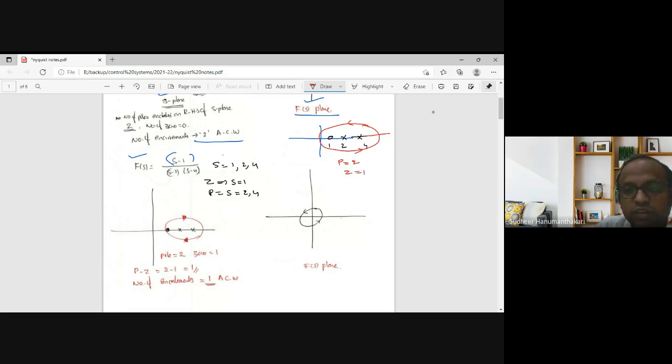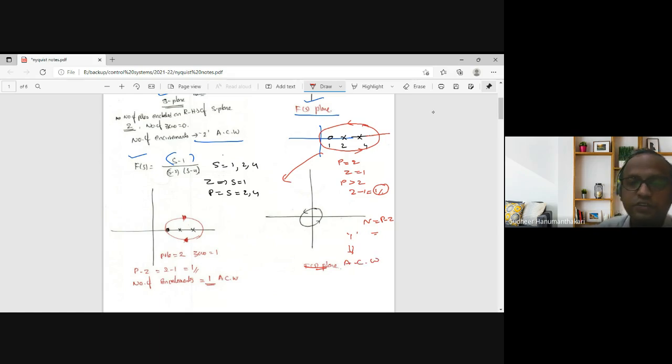One zero. So poles are greater than zeros, 2 minus 1, that is 1. So the resultant contour in the f of s plane will encircle the origin one time, by N is equal to P minus Z, one time. In which direction? Anti-clockwise direction.